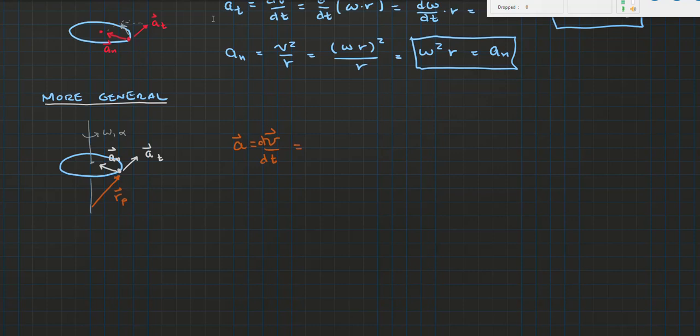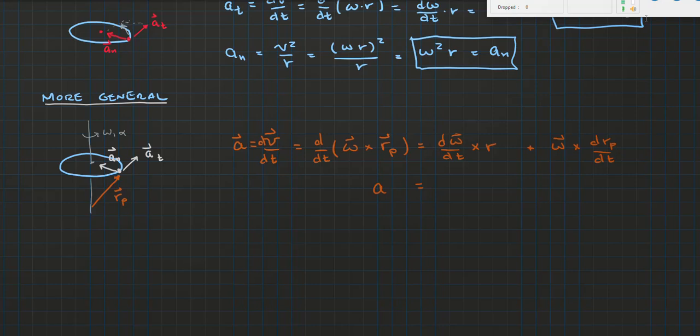So that's going to equal the derivative, according to what we've discovered already, of velocity can be represented by omega cross rp, which equals the derivative of omega with respect to time cross r plus omega cross the derivative of rp with respect to time.